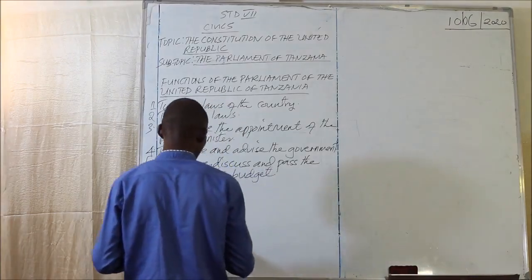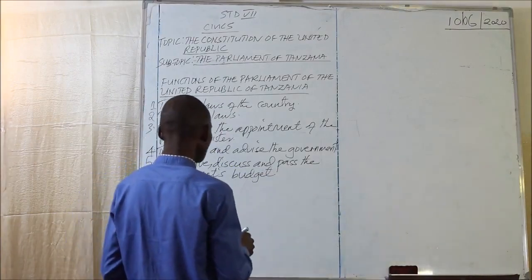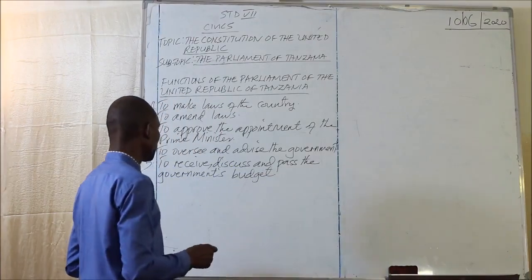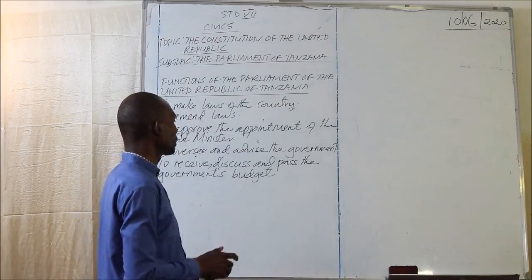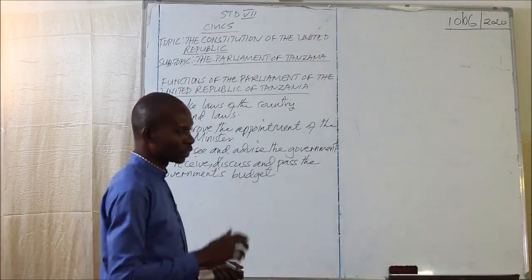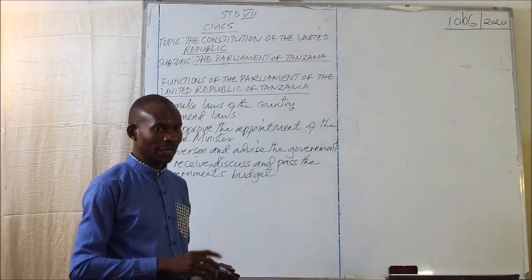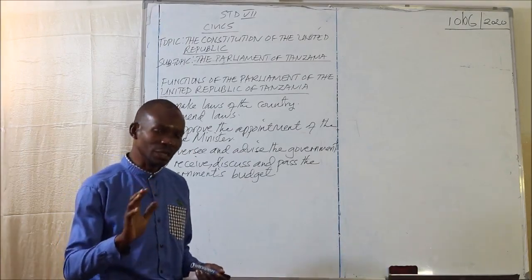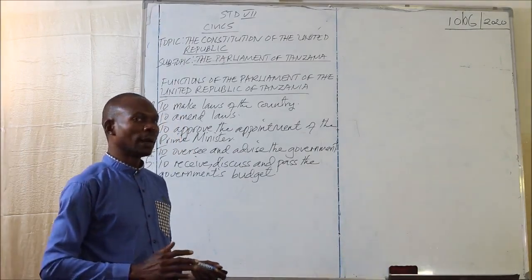Government's budget. Well, this is another function of the parliament: to receive, discuss and pass the government's budget. Remember, we have several ministries, and each ministry is led by a minister.